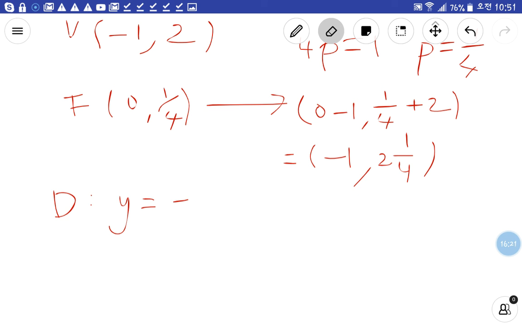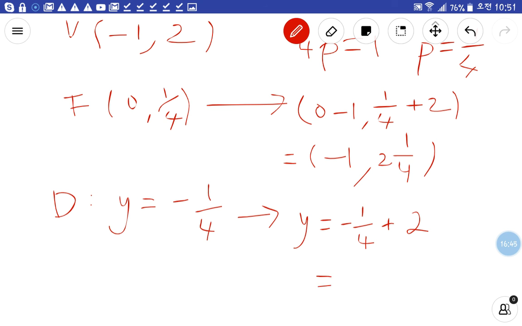Since your graph opens up or down, your new directrix is affected by the vertical movement, right? So what is your vertical movement? 2. So you need to add 2 here. y equals negative 1 over 4 plus k, which is 2. So I got 1 and 3/4. That is going to be my directrix.